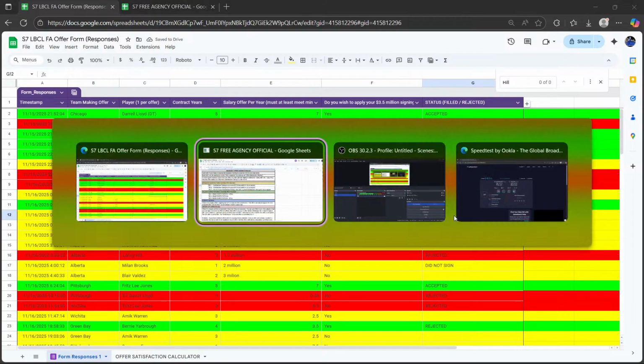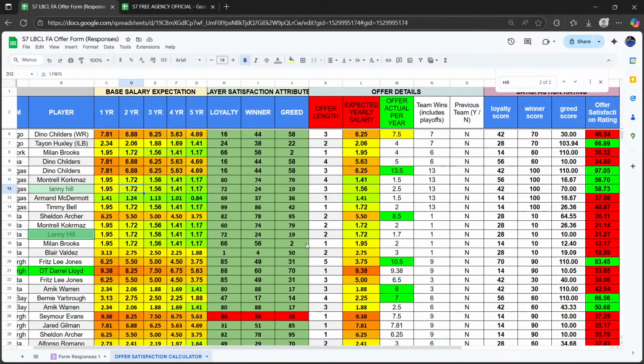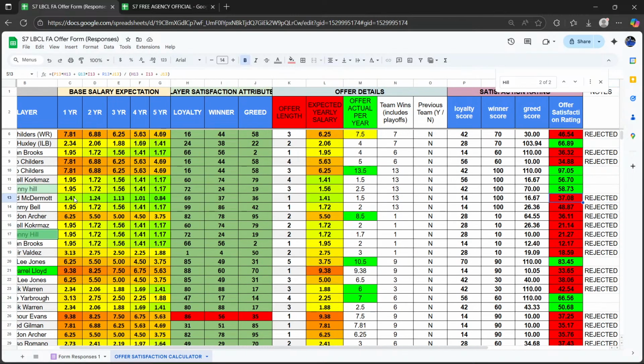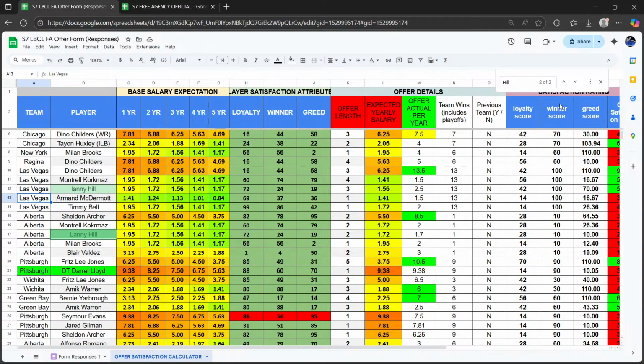Okay, next one is Armand McDermott. That offer is just automatic. He didn't like it. There was only one for McDermott. Let's look at why he didn't like it. A 1 year deal is definitely the issue. Yeah, a 5 year deal takes care of it.